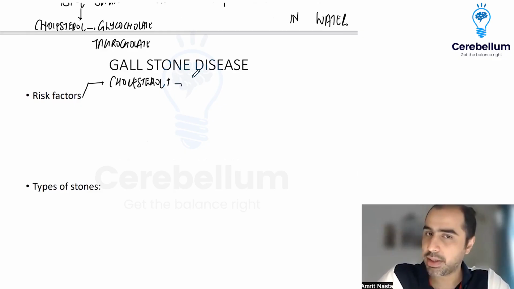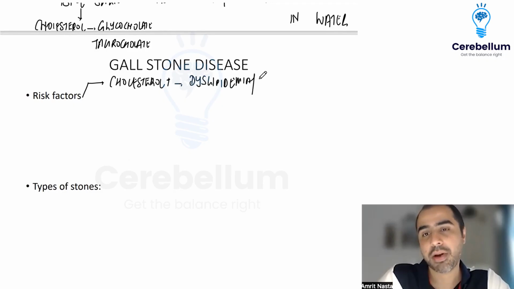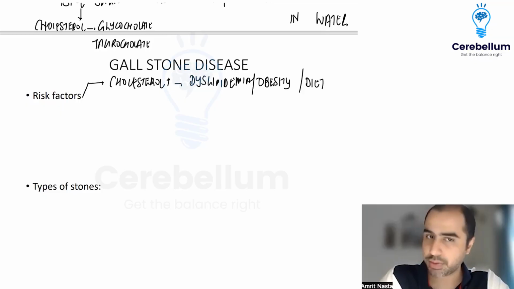If the person has dyslipidemia. That's why fat, fertile female of 40, dyslipidemia, obesity, high fat diet will cause gallstones, which most of us are having nowadays. So many of us are obese, so we are at risk of cholesterol stones. That is one part.